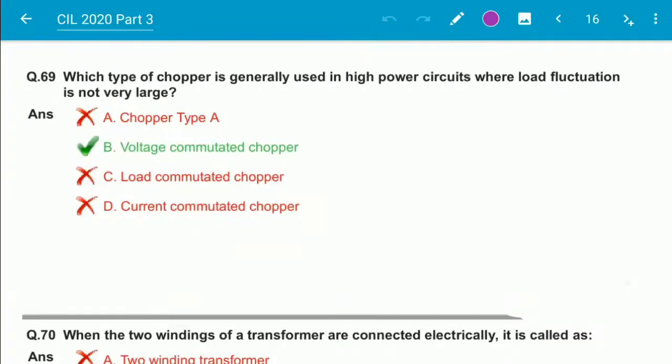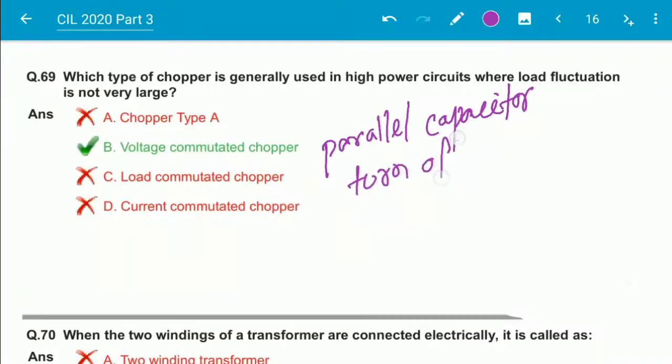Voltage commutated chopper is also known as the parallel capacitor turn off chopper, or also known as the classical chopper.